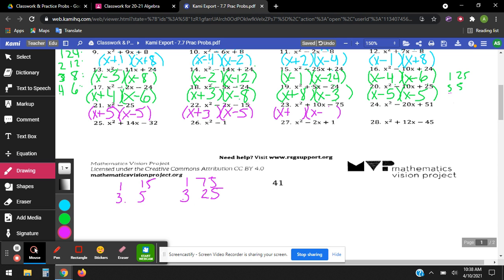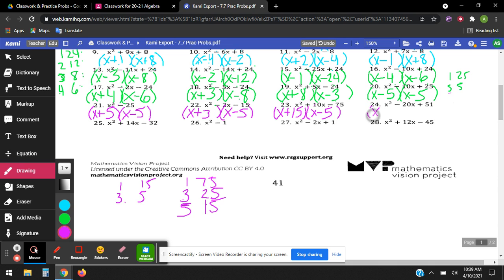No. 4, no. 5. And 5 will go in there. 5, 10, 15, 20, 25, 30, 35, 40, 45, 50, 55, 60, 65, 70, 75. 15 times. 5 and 15. Do they subtract to get 10? They do. And I need a positive 10, so my 15 goes with the plus, and my 5 goes with the minus.